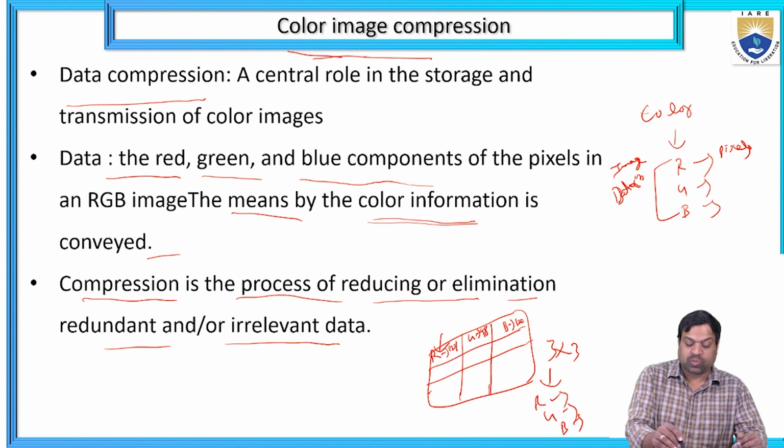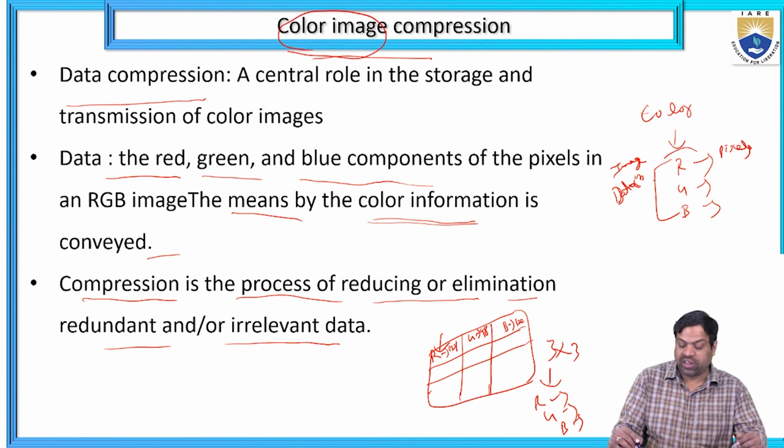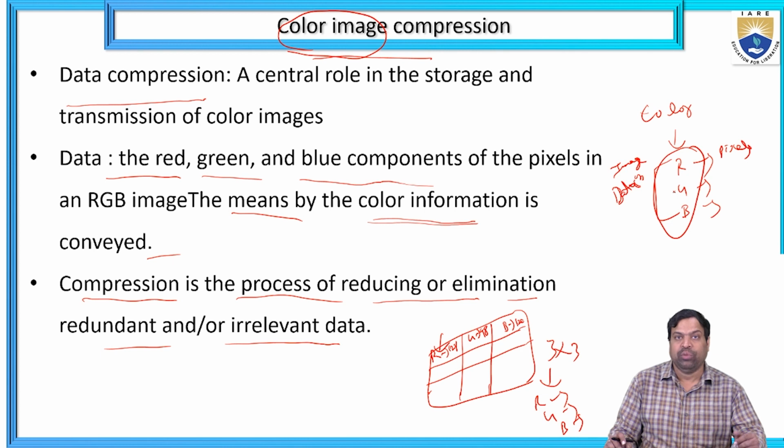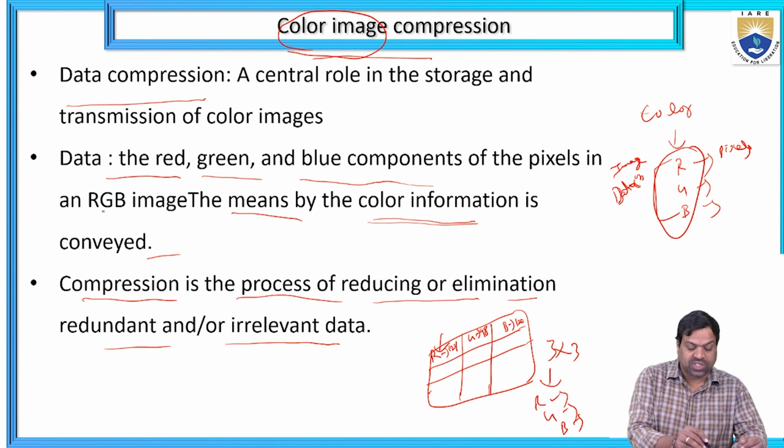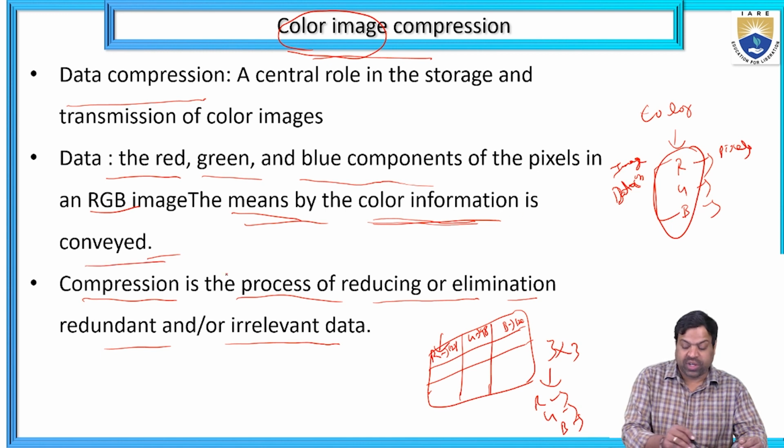But especially a color image is nothing but red, green, blue only. So data compression plays a central role in the storage and transmission of color images. The data in the form of red, green and blue components of the pixels in RGB means the color information will be conveyed.